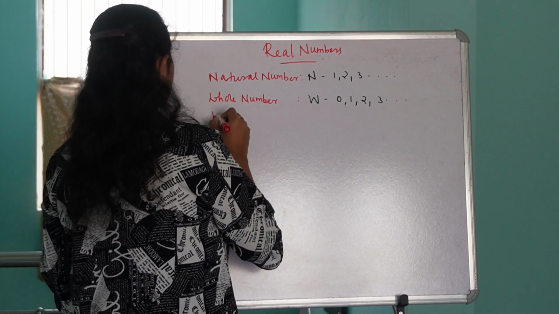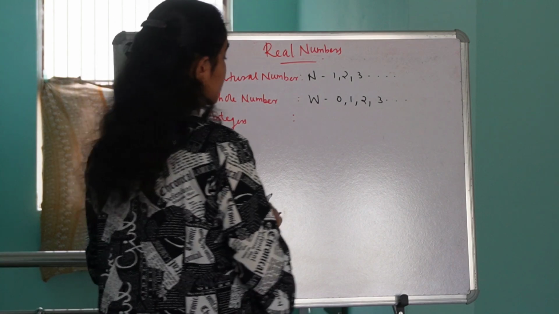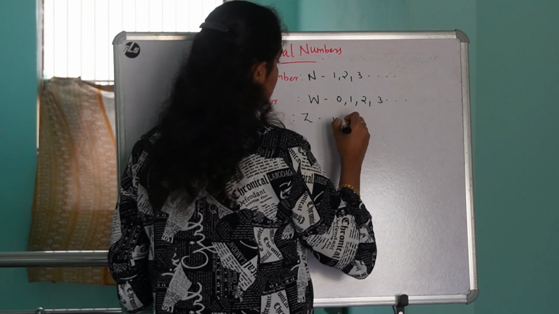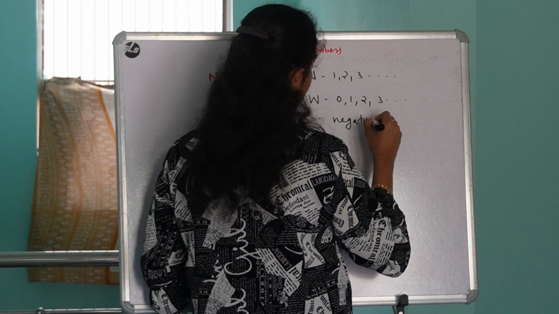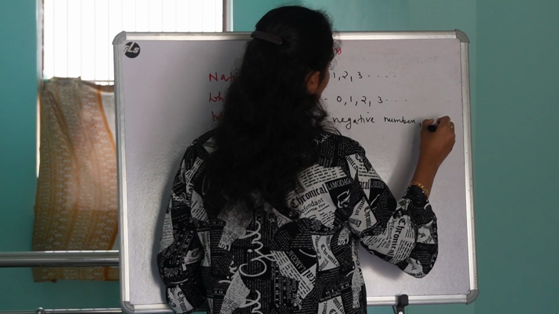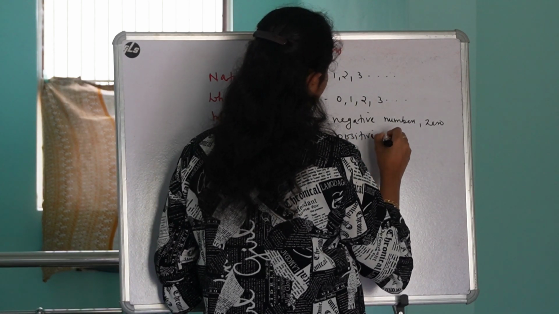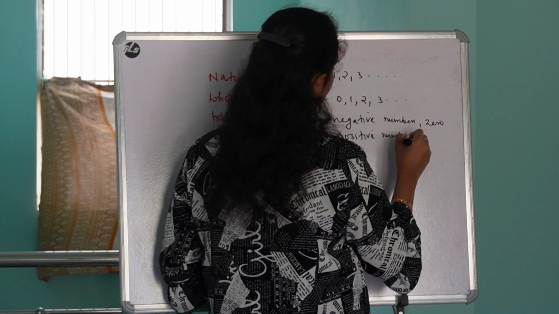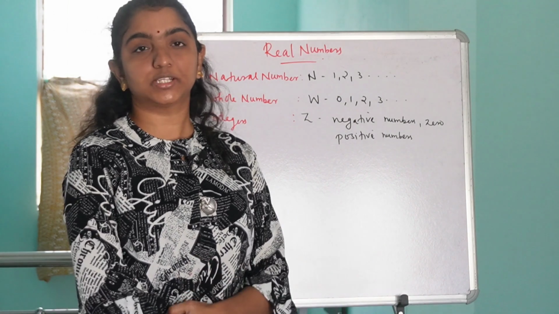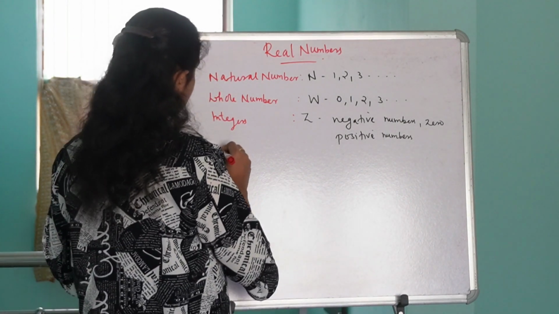Now the next set is the set of integers, represented by the letter capital Z. The set of integers includes negative numbers, 0 and positive numbers, and the set of integers does not include fractions or decimal numbers. Is it clear, guys? Yes. Now let's see the next set.